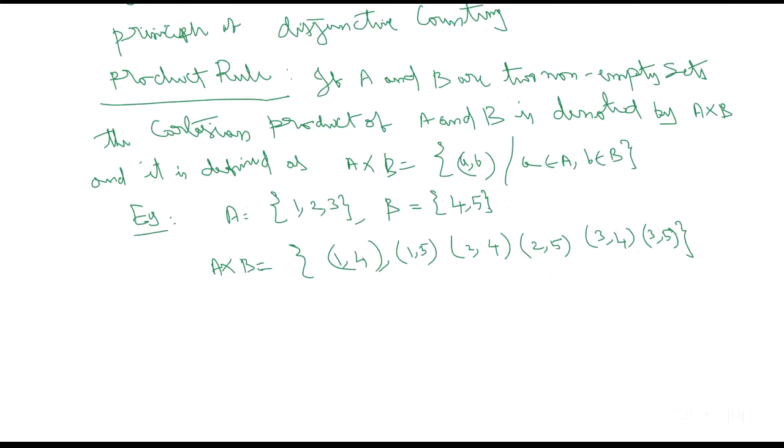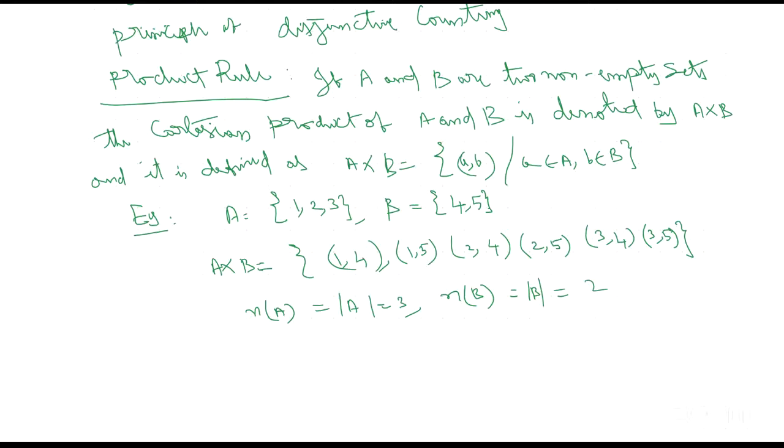So here n of A equals mod A. How many elements are there? 3. n of B equals mod B. How many elements are there? 2 elements.